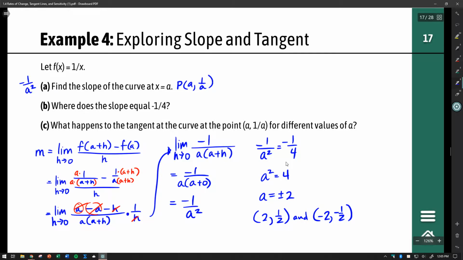The last question: what happens to the tangent to the curve at the point a comma 1 over a for different values of a? So let's think about negative 1 over a squared.